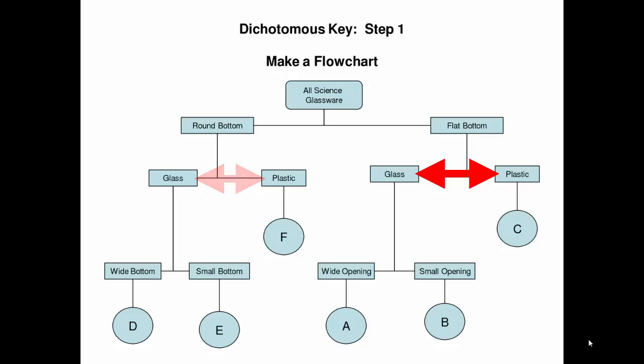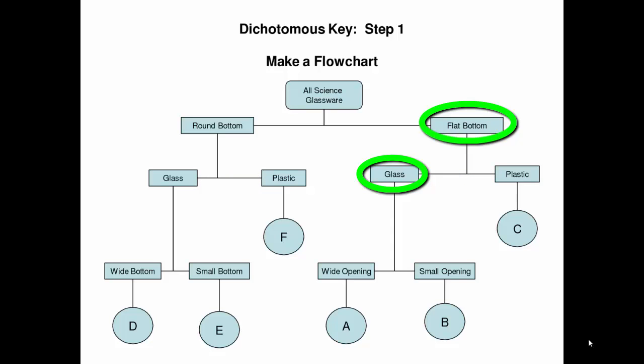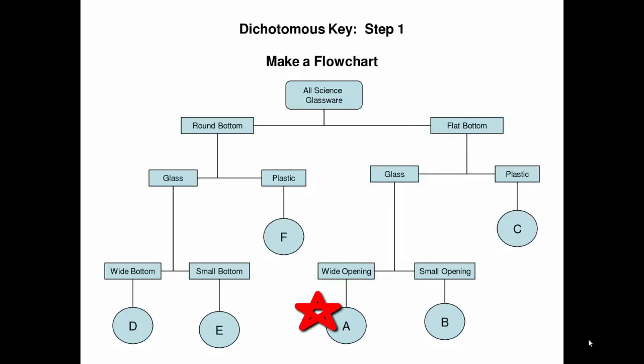So if I had a flat bottomed glass flask, I could separate those into wide openings and small openings. So the flat bottom, glass, wide opening glassware will be put in cabinet A, whereas the flat bottom, glass, small opening will be put into cabinet B. If I have a flat bottom plastic glassware, I would put it into cabinet C.